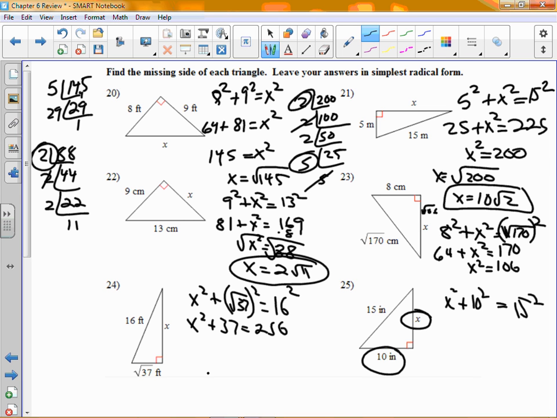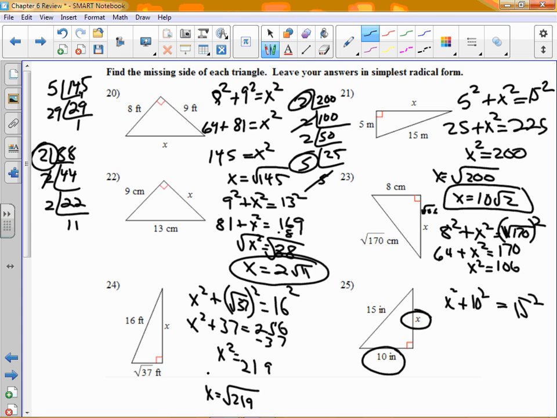How do I get a plus 37 to the other side? Subtract 37. X squared equals, see, what would that be? 219, I believe. So x is the square root of 219.